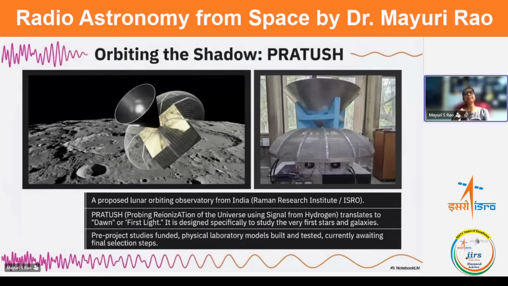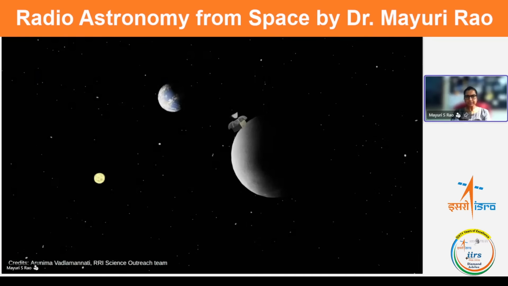And the primary purpose of Pratyush is to try to detect the 21 centimeter signal from the first stars and galaxies from the cosmic dawn. So very quickly, this is an animation of what Pratyush would look like when it is orbiting the moon. When it is on the far side in the shadow of the Earth and the sun, it will collect data. When it is on the near side, facing Earth, it will downlink the data.